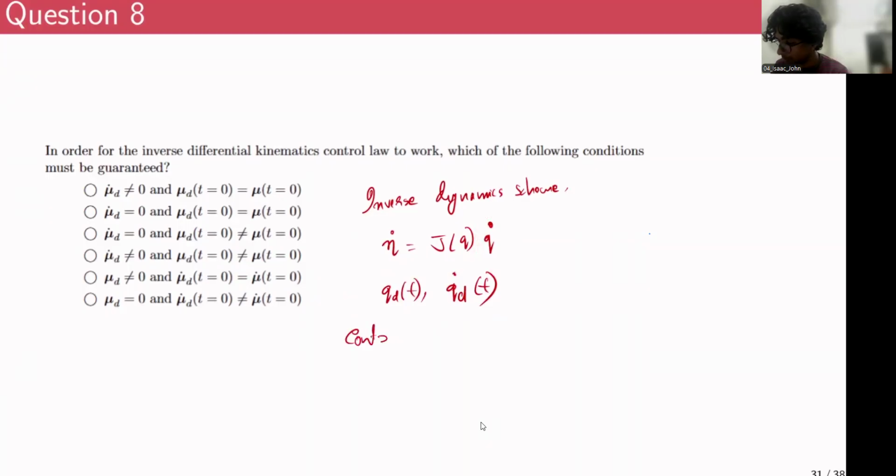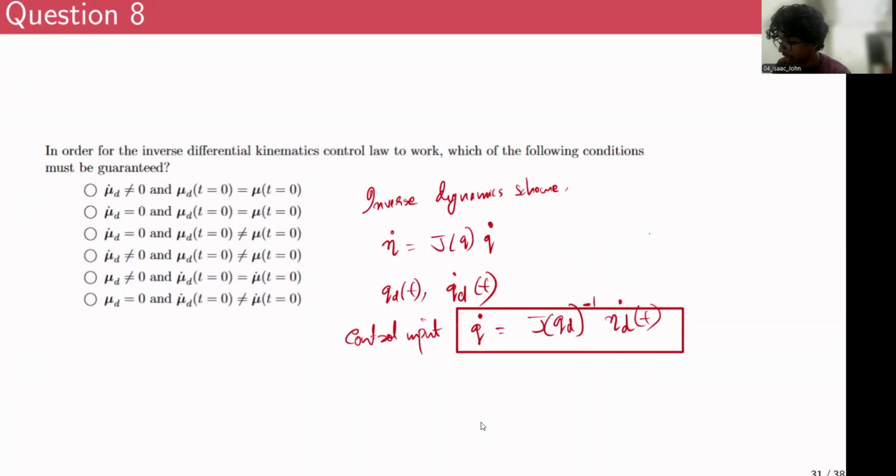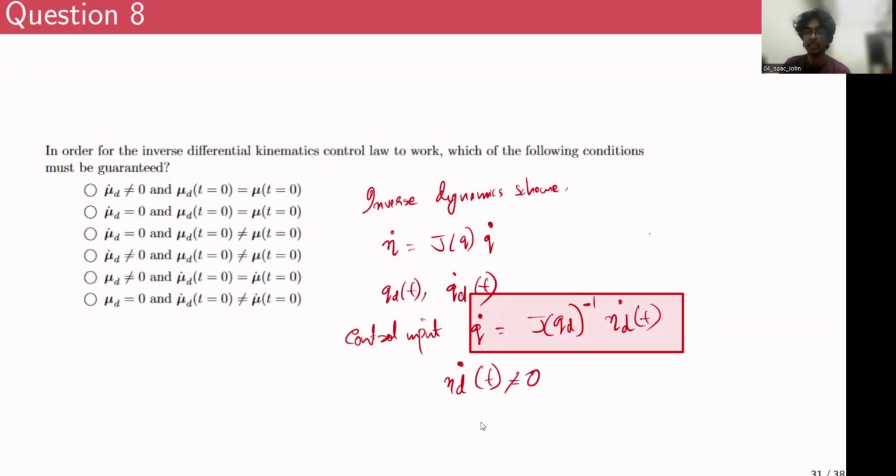So the control input q dot is nothing but J of q desired inverse times eta desired dot of t. And for this control scheme to work, eta desired dot of t should not be 0, and the initial position, eta desired at t equal to 0, should be equal to the actual starting position, eta at t equal to 0.